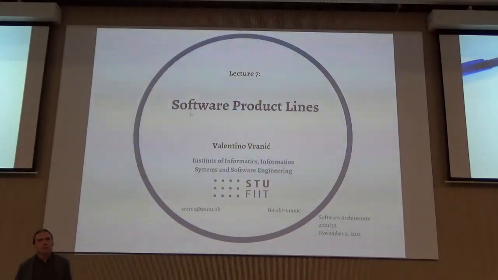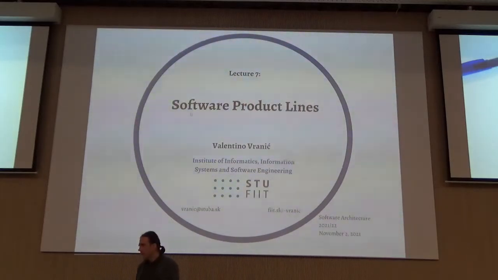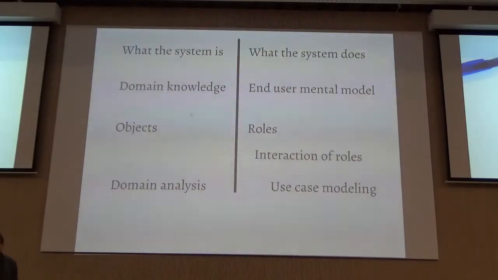So we've been targeting reuse on several levels, and now let's think of reuse through these two perspectives that we already talked about last time. So what the system is and what the system does.